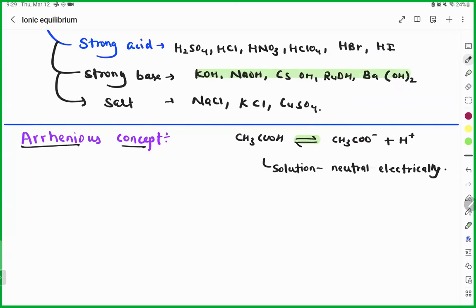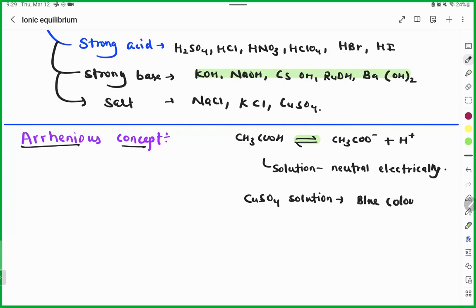And all the properties of any solution are decided by the ions. Ions will decide the color. Example, if you take copper sulfate, we discussed this in coordination compounds in crystal field theory, that copper sulfate, if you take dry form, then it is colorless. But if you take copper sulfate solution, it will be blue color.